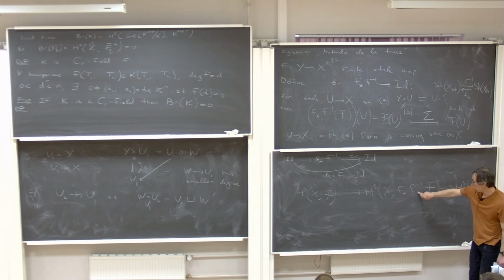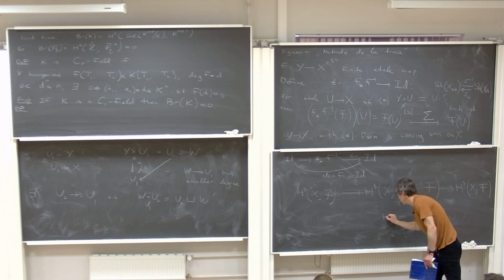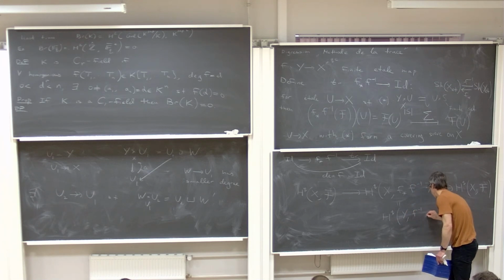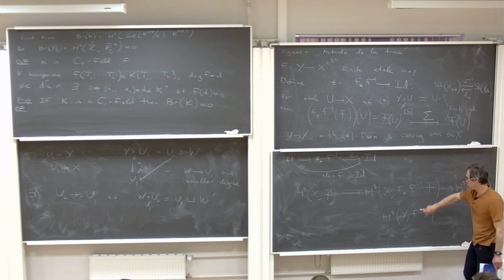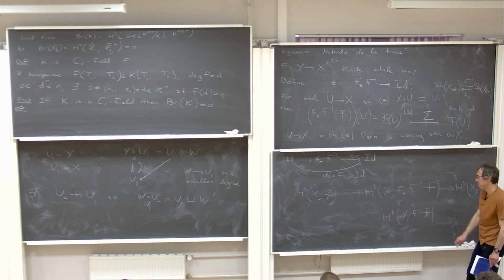And this has an interpretation. f lower star is a finite map, so this is the same as cohomology of Y with coefficients in f inverse of F. We proved it using properties of Henselian rings. I recall that this follows from the property that for finite maps, the direct image functor has no higher derived direct images.